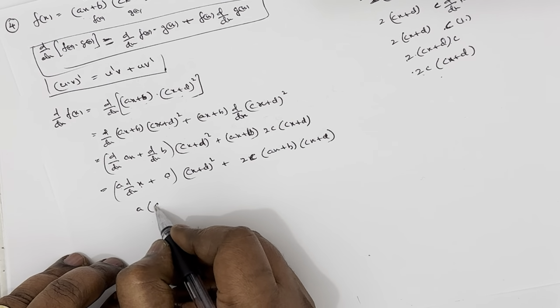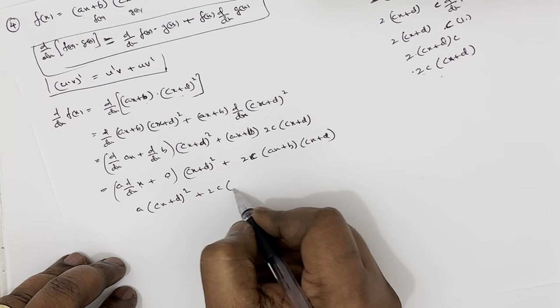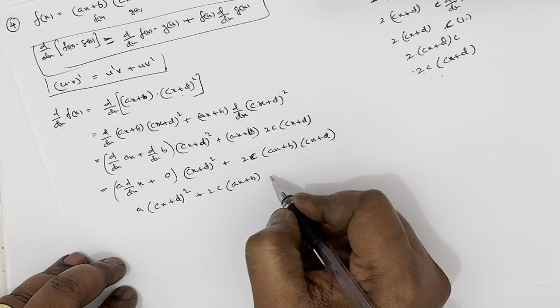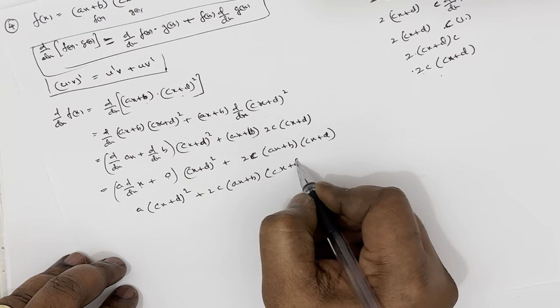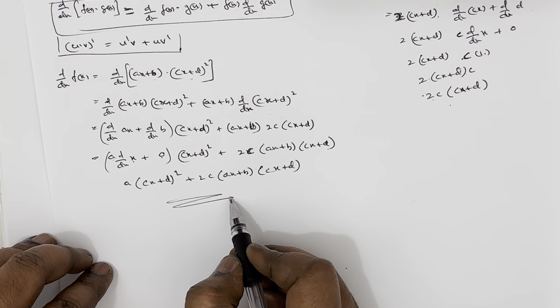So a multiplied by (cx + d) whole square plus 2c (ax + b)(cx + d). Okay, hope this is the answer. We'll see.